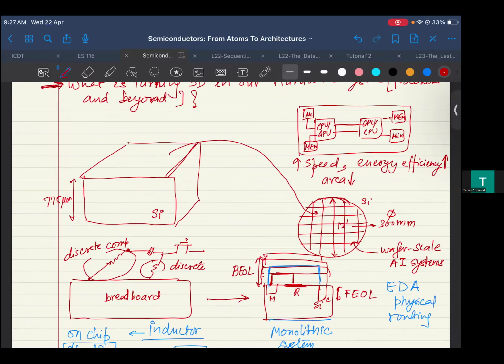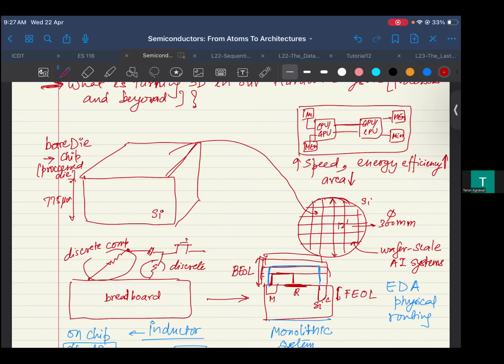This is what we know as the die, or the chip when it is processed. A die which is not processed is just silicon, there is nothing. But a chip is the processed die, meaning you have put in the elements or components which you want on silicon.